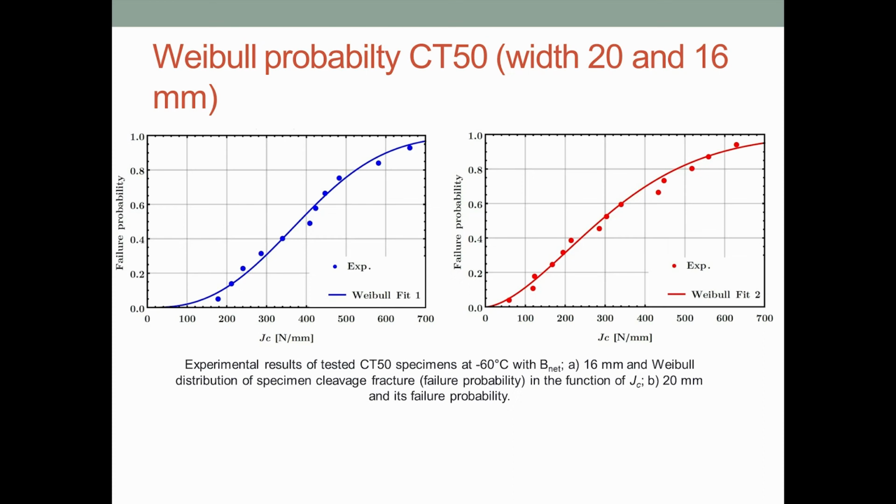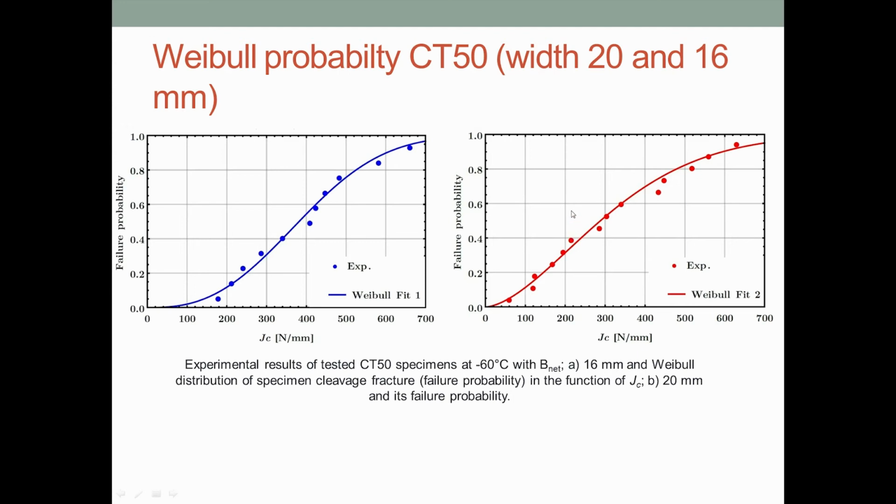Now on your left side on this figure the Weibull distribution for B net 16 millimeters is shown, whereas on the right side the results and the Weibull distribution for B net 20 millimeters can be seen. The points on the curves represent the JC values for the tested CT50 specimens, and the fitting was performed using analytical methods.